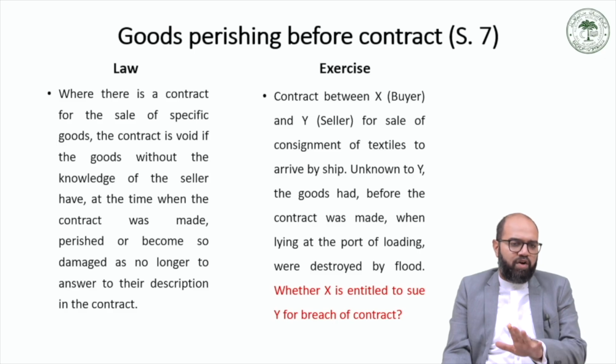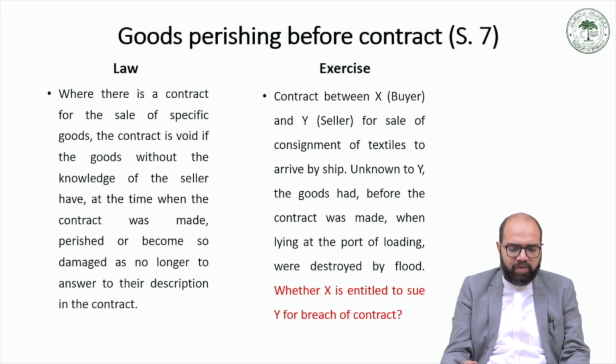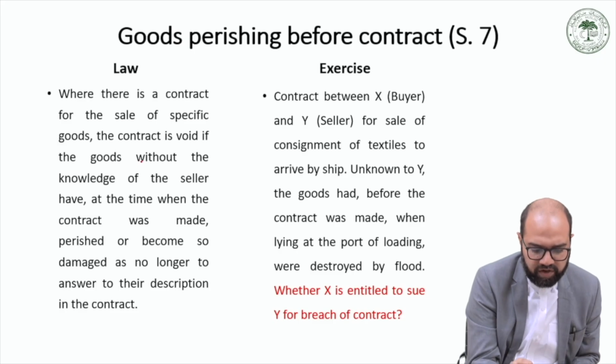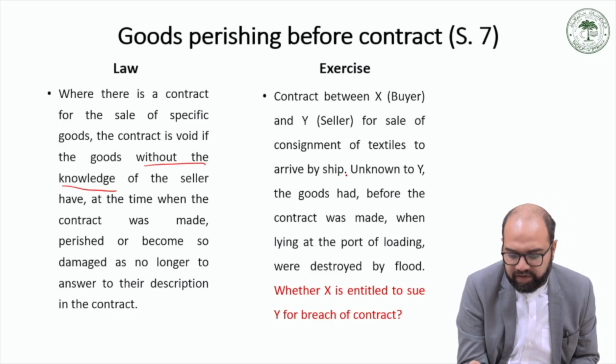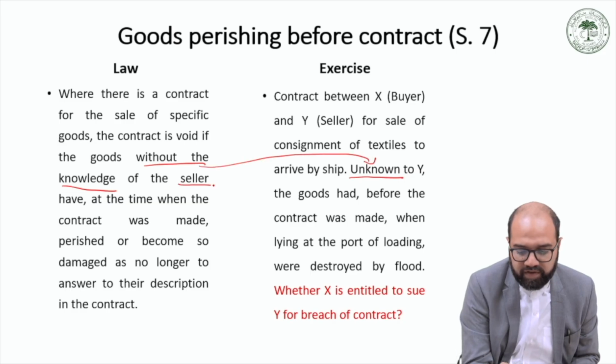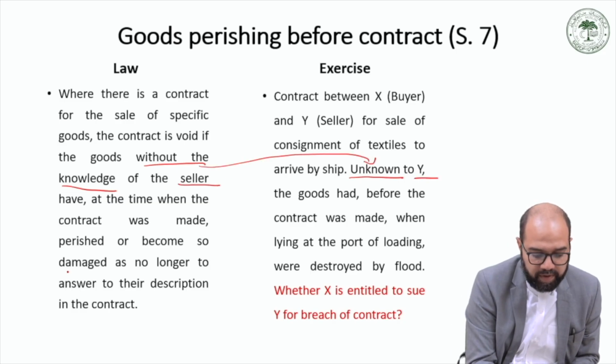Now what you're required to do is read section 7 as provided on the left hand side. So the essential it provides is without the knowledge. So here we have the words unknown, the knowledge of the seller. So here, unknown to Y, the goods become damaged.